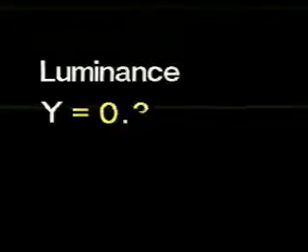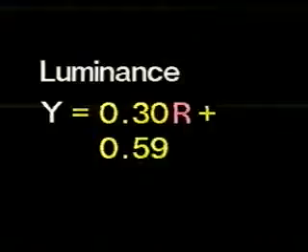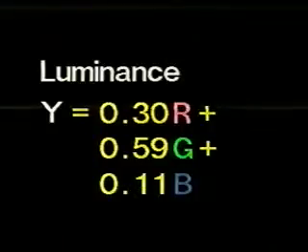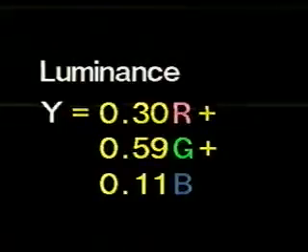The luminance Y is equal to 0.30 red plus 0.59 G plus 0.11 blue. If the intensity of the light is changed from the given parameters, we get some different color. It is to be noted that this equation is for color light only, not for color and pigment.